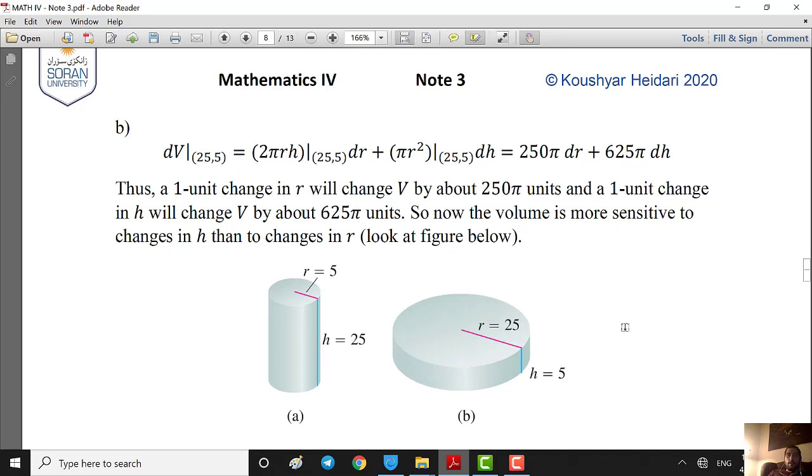So the designers and quality control engineers, when the tank is supposed to look like this, have to be more careful about the measurement and final result for the height of the tank.